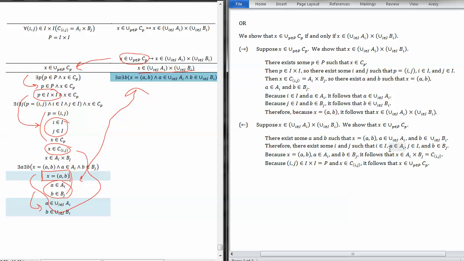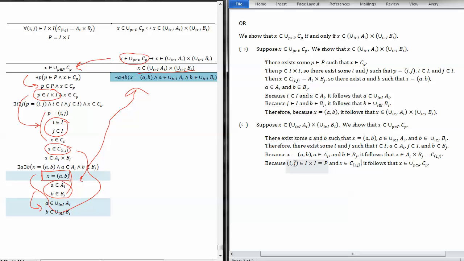And all right, well, if A is in the union, then we have an I such that I is in I and A is in A sub I. And if B is in this one, we get a j and B in B sub j. And then, okay, well, X is still equal to AB, and we know exactly where A and B are, therefore X is in that Cartesian product, which we are referring to by C sub ordered pair ij.